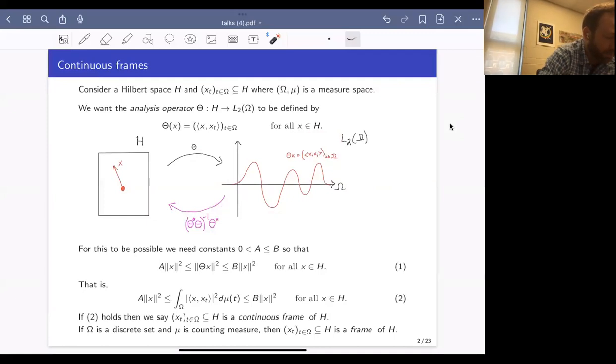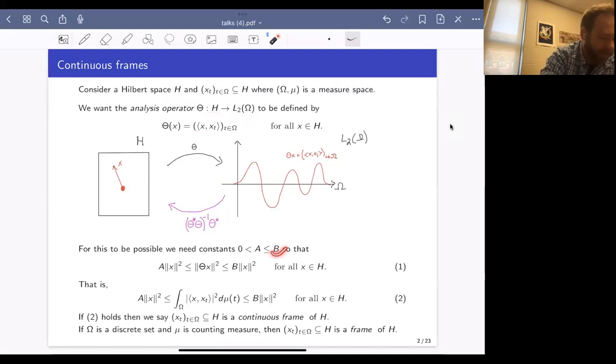And this inverse operator is going to be defined in this way. And so this is a very general setup that comes in a lot of different situations. And essentially the conditions that we need for this to be possible is for there to be uniform constants, so that first, this operator is bounded in norm, and so that the range of h is inside of L2, theta has to be bounded.